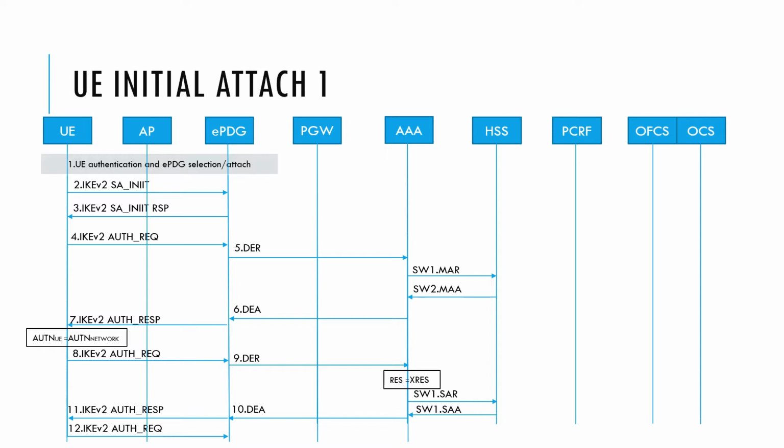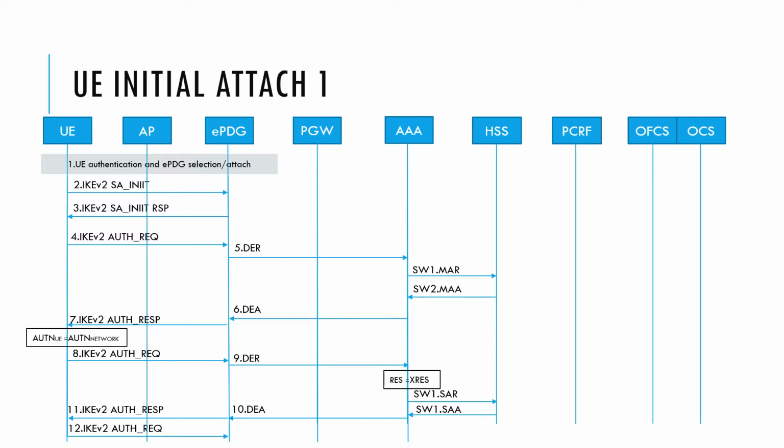Now the EPDG forwards this particular authentication vector, which is received from the UE, to the AAA through the DER message. So now the AAA has this RES. Now the AAA can match the RES with the XRES that is received in the MAA message from the HSS. If this XRES matches the RES, then we can say that the UE is authentic. So at this point, we can say the authentication process is complete.